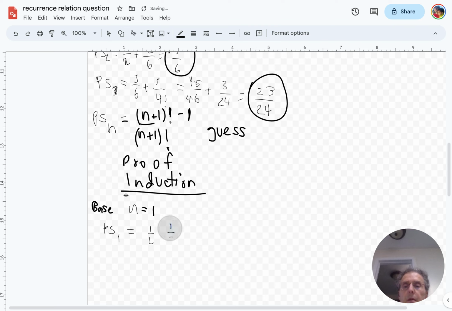Is it equal to, question mark, you have to make big things here. Is it equal to 2 factorial minus 1 over 2 factorial, because I'm just plugging it in here, and yes, 1/2 is equal to 1/2, check.